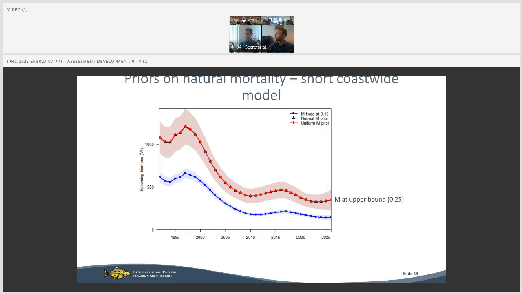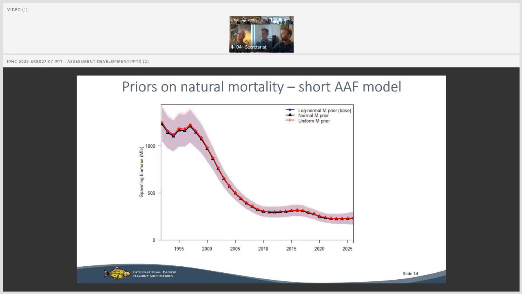The other models, however, where we were already estimating M, were largely insensitive to the shape of the prior. This compares the 3: the base prior, which was the log normal longevity-based prior, the normal in black, and the uniform prior in red. You can see the uniform prior does allow M to go slightly higher in the short areas model, but effectively the same result.